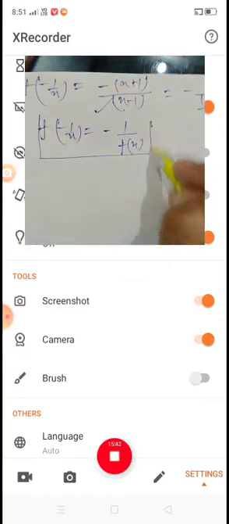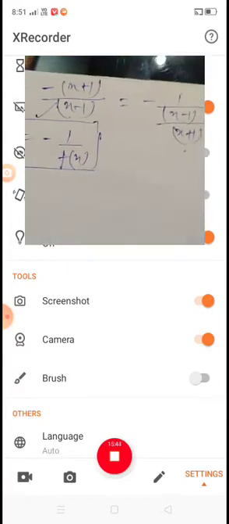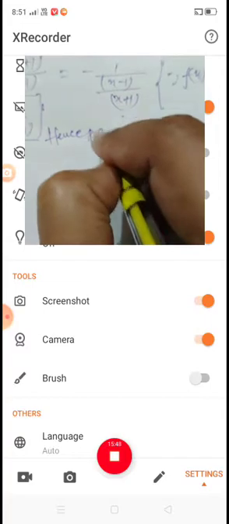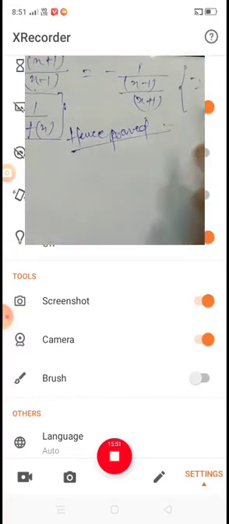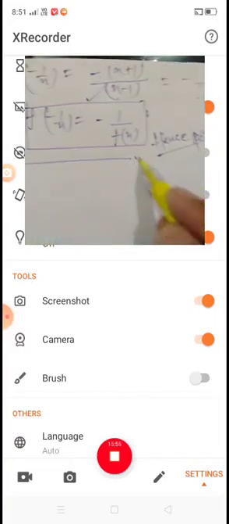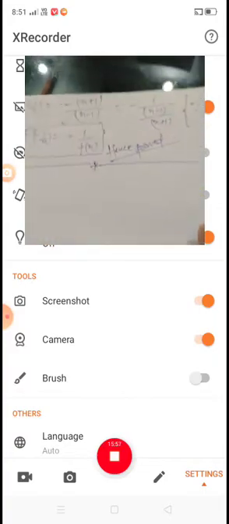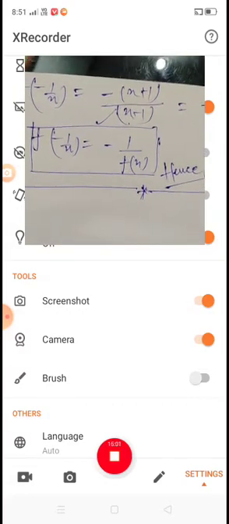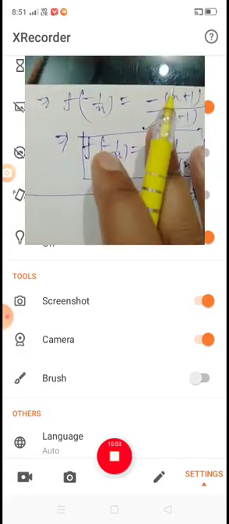Hence proved the second result. Okay, so it is clear. So dear students, you can solve all the questions of your NCERT exercise based on these topics.